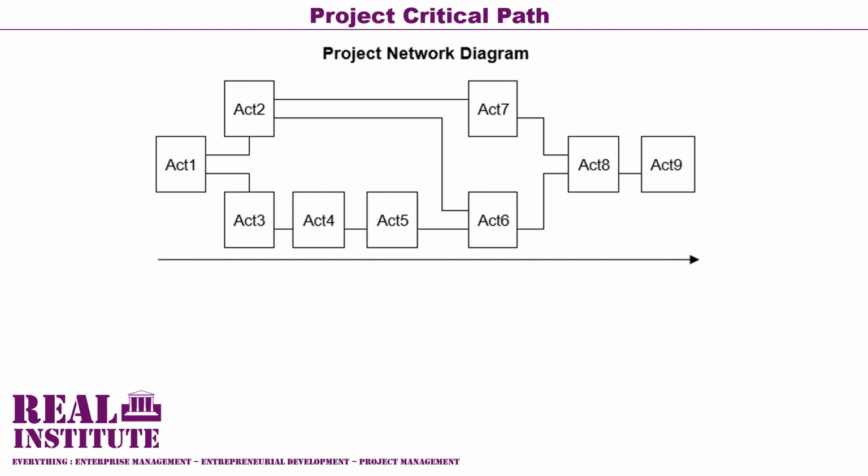Whereas activity 8 has both activity 6 and activity 7 as its dependencies. That is, both activity 6 and activity 7 have to start and finish before activity 8 can start. Lastly, activity 9 has an activity 8 dependency. Activity 9 can only start after activity 8 has finished.